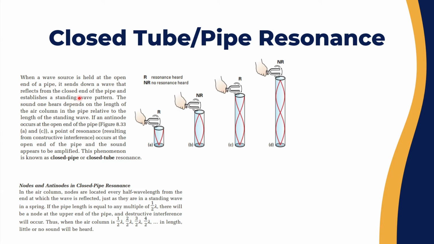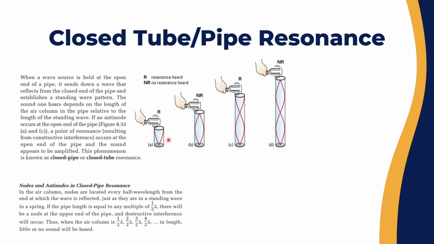If the antinode occurs at the open end of the pipe, like points A and C in this case, then a point of resonance from constructive interference will occur at the open end of the pipe and the sound appears to be amplified. This is known as closed pipe or closed tube resonance.